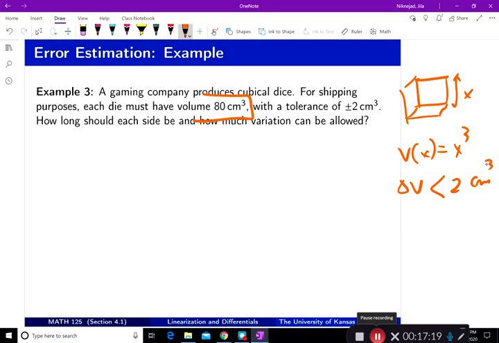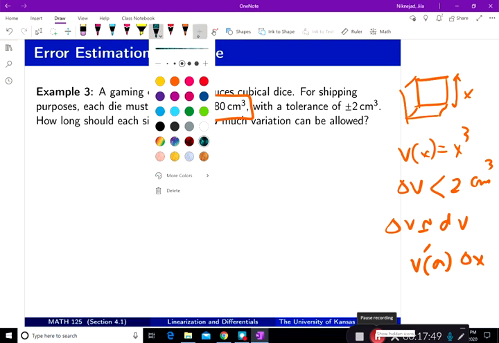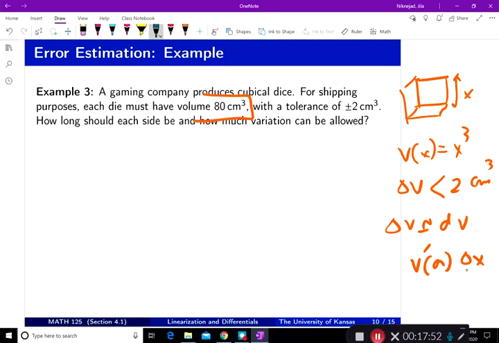Again, delta V is supposed to be approximated by dV, and dV is basically V prime at point A times delta X. And so what I want is to figure out what delta X, what error in measurement in the input, will give me the right value.